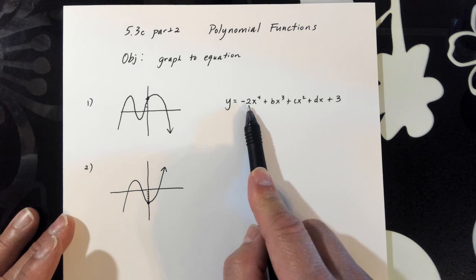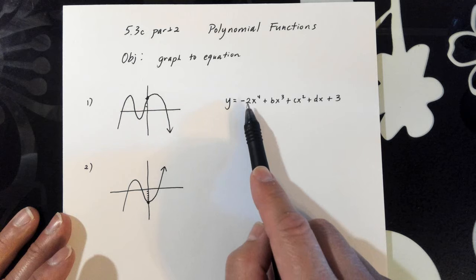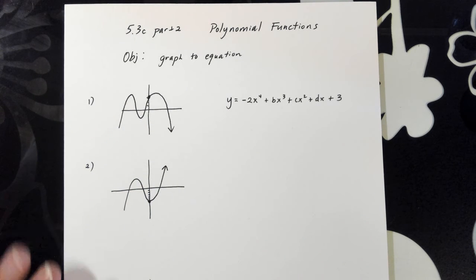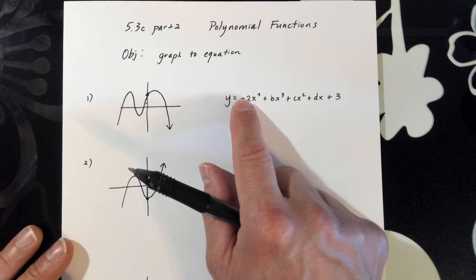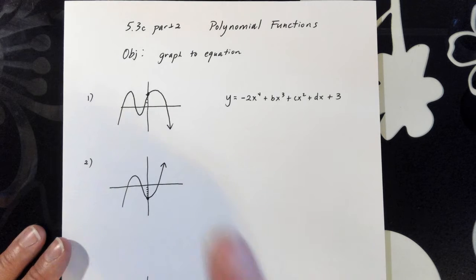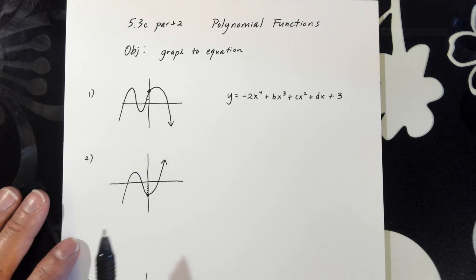No, it could be negative 2, negative 3, negative 4, negative 5, negative 1.7. We don't know exactly what this is. There's not enough information to figure it out. But just the fact that you know it's going to be a negative something because it points down, that's good enough for us. Next example.